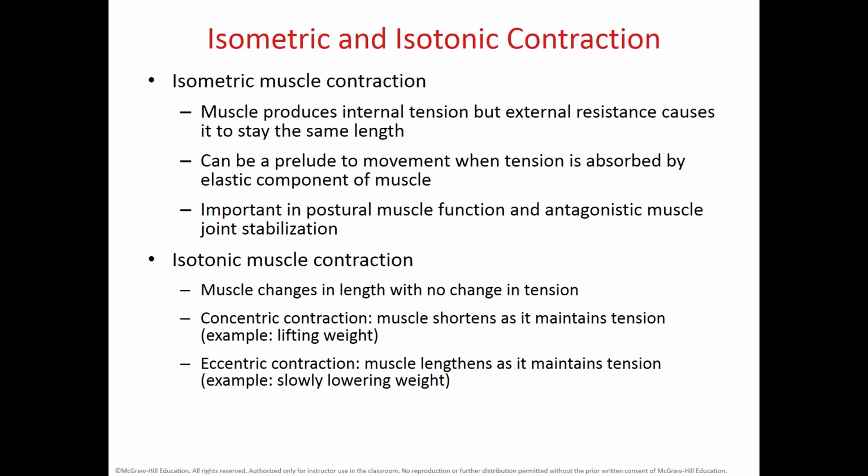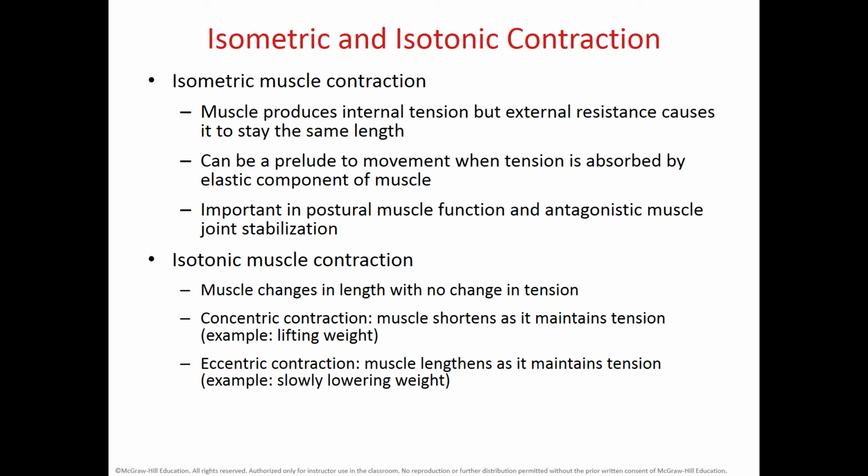And this isometric contraction will be a prelude to a movement when the tension is absorbed by the elastic component of the muscle. So you don't have this sliding of actin over myosin, but titin and other connective tissue can absorb this tension, and this prevents the muscle from changing its length. That's why it's called isometric.